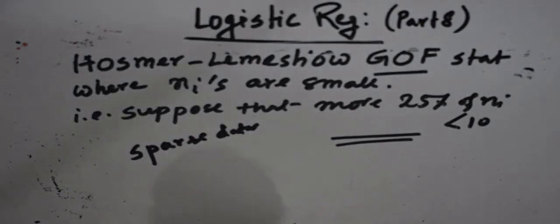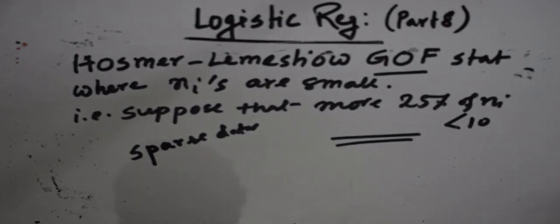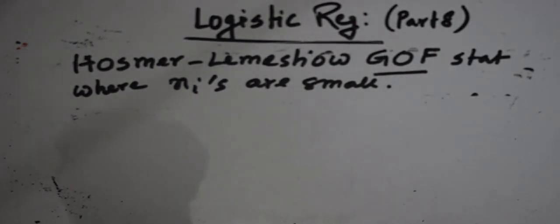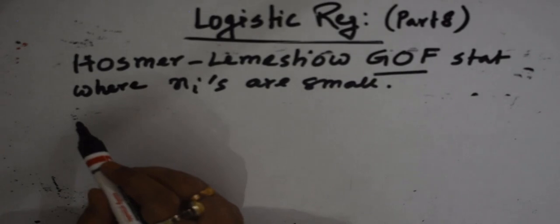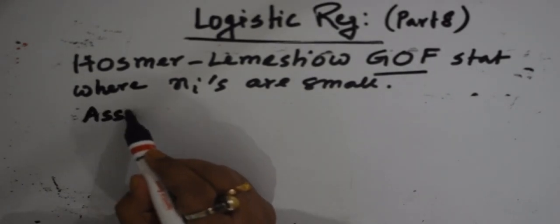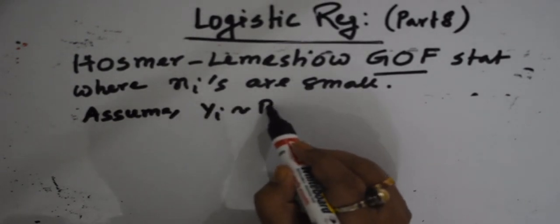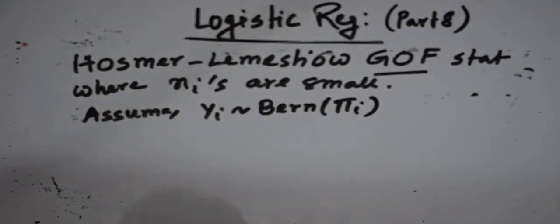That is, suppose that more than 25% of Ni are less than 10. Then assume yi follows Bernoulli with probability pi i.